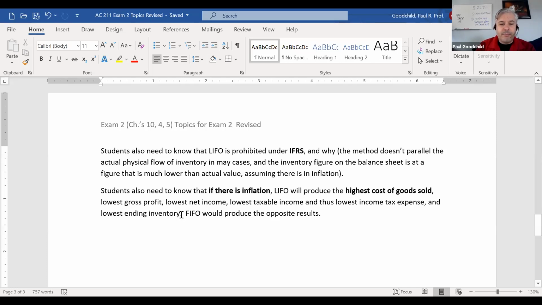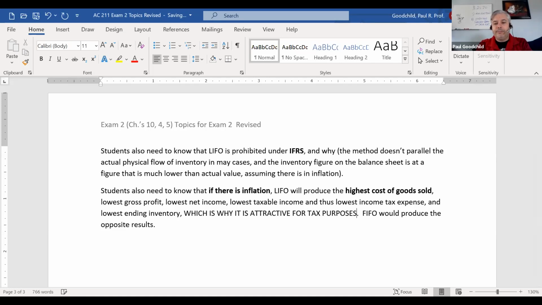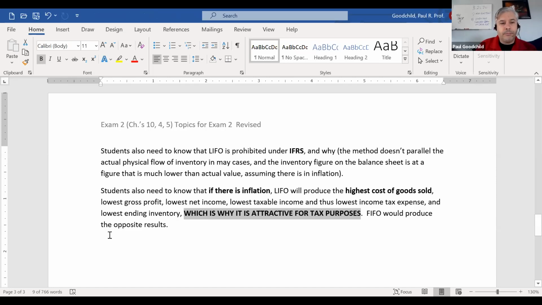expense, and tax purposes. And I'm pretty sure the rule still stands that if you use it for tax purposes, you have to use it for financial purposes as well.